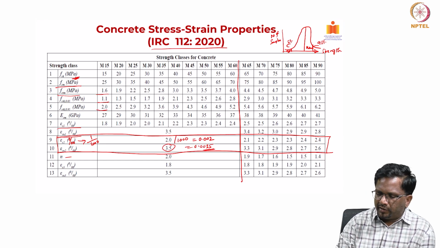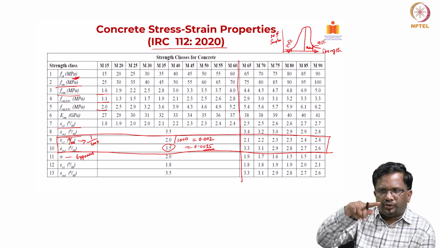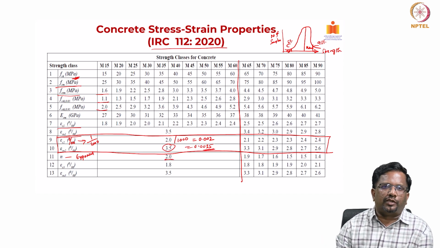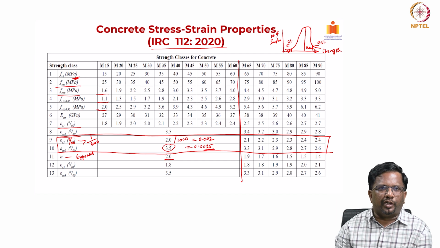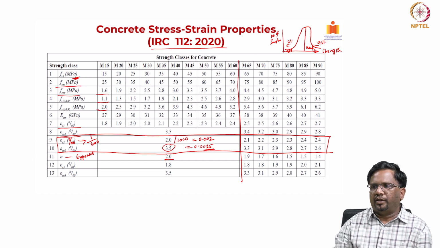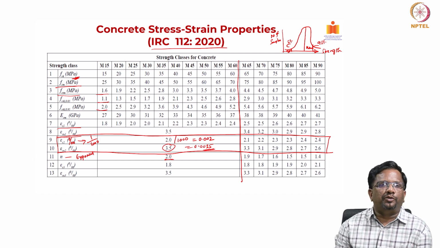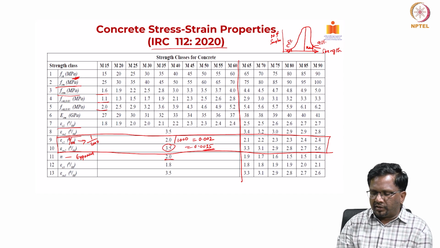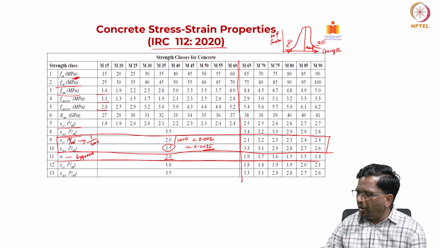Now this n is basically an exponent that determines the shape of the curve. Up to 60 megapascal the IRC code is asking you to use a parabolic equation, and then the exponent value keeps reducing, similar to what we have for Thorenfeldt's model. And these values are actually for the linear assumption.